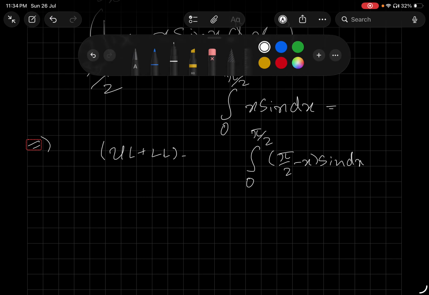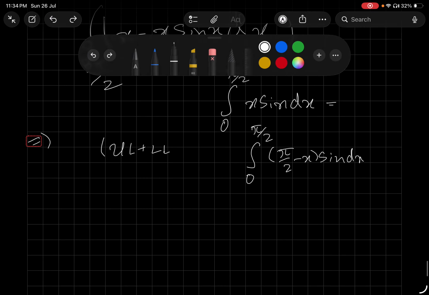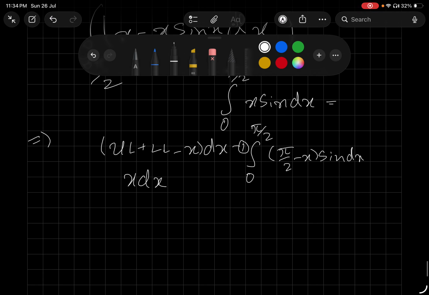This becomes one term and this becomes another term. If we add both terms, this term will be eliminated.